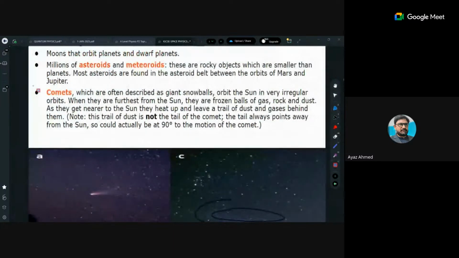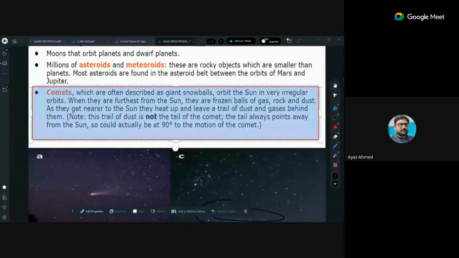But right now, because of technology and some instruments, we came to know that the tail of the comet is basically dust particles and gases behind it. And when it comes closer to the sun, they are heated up and somehow become vapors, right?